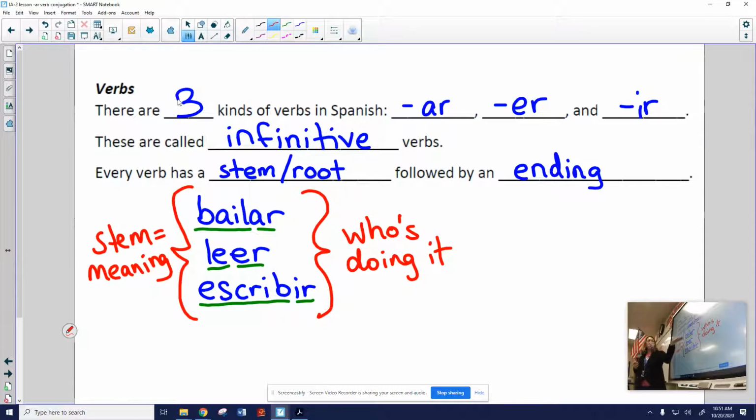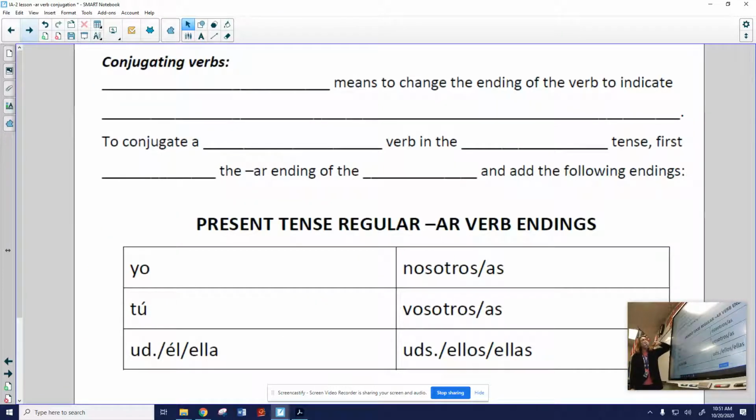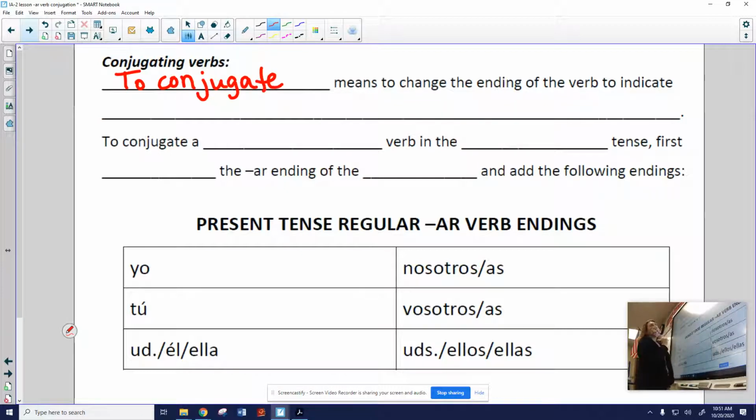It's just to dance, to read, to write. So these AR, ER, IR endings kind of, in a sense, mean to, like in English. To read, to write, to dance. To conjugate a verb means to change the ending of a verb to indicate who is doing the action.